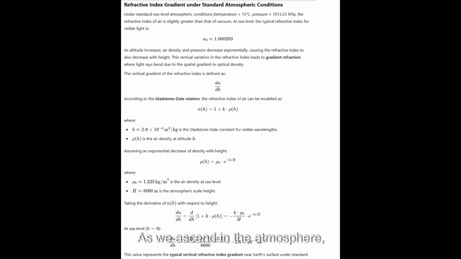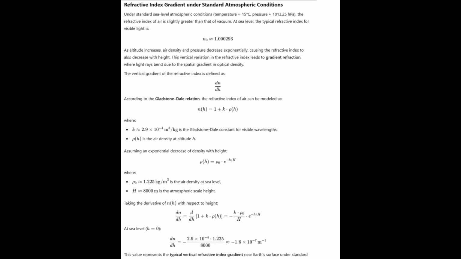As we ascend in the atmosphere, air density decreases exponentially. As a result, the refractive index of light also decreases with height. According to the Gladstone-Dale relation, the refractive index depends on air density: 1 plus a constant times the density. Expressing the density with an exponential formula, the derivative becomes minus K times the sea level density, divided by the scale height, multiplied by the exponential term.